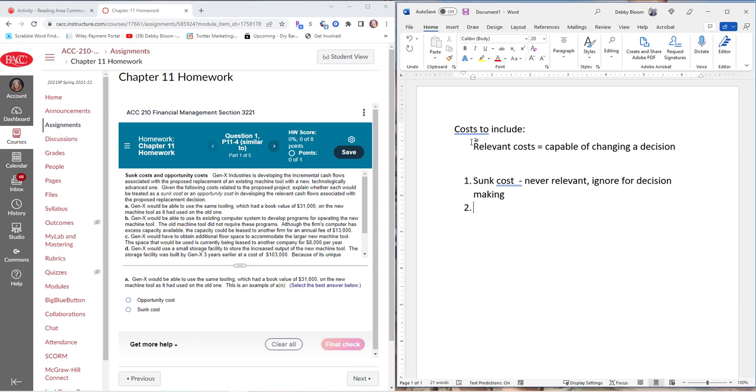The reason for that is the definition of a sunk cost: money spent in the past that you have no future control over. Now, the thing about a sunk cost is that it is the same for all of your decisions. So if it's the same for all of your decisions, it can't help you make a decision.